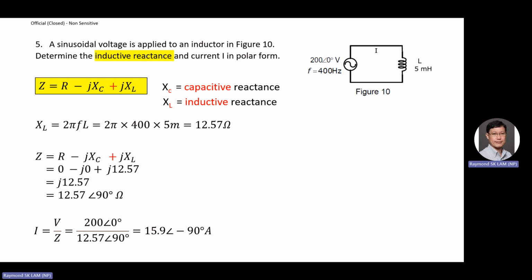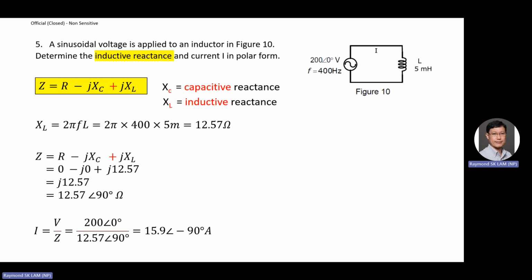So you substitute F as 400 Hertz. L is over there, 5 milli, and milli is 10 to the power of -3. You press the calculator, you get 12.57 ohm. So we still use ohm, just like your DC circuit where the resistance is ohm.